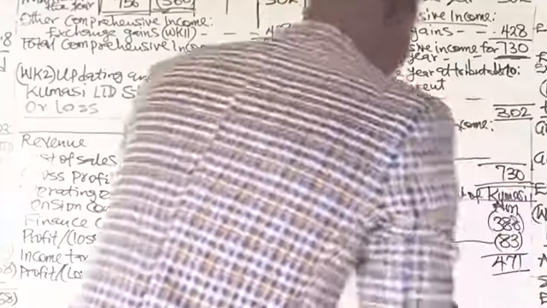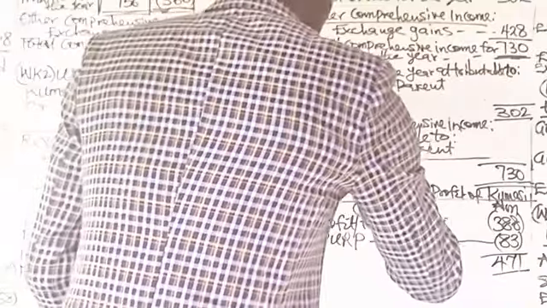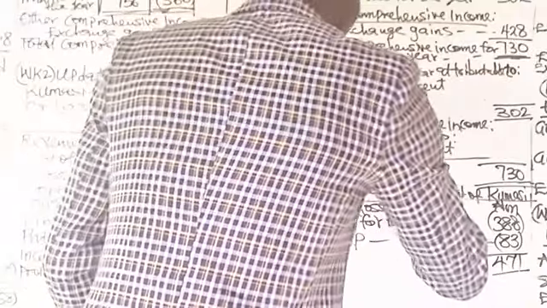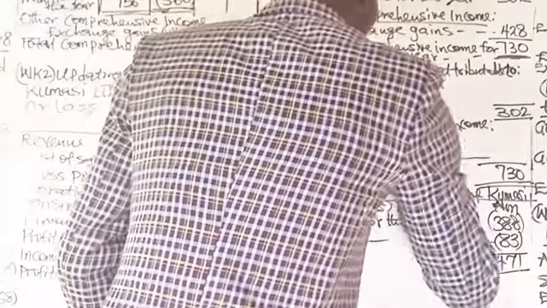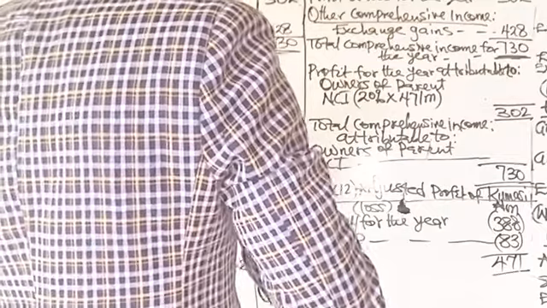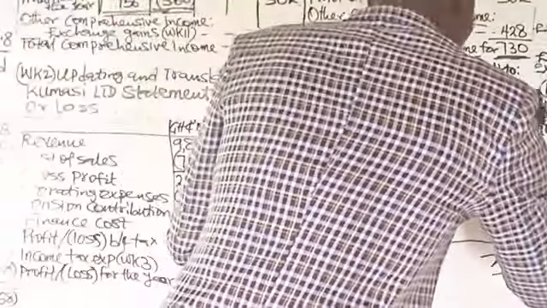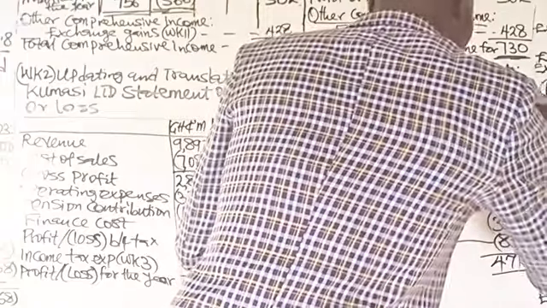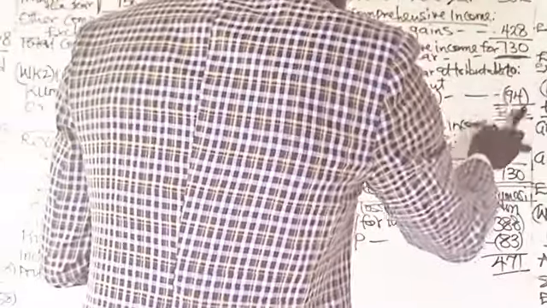So of this 471 million, 20% of that will be attributable to NCI. 20% of 471 million, so NCI share of that will be 94 million, negative. Then the one attributable to the owners of the parent, since this is a loss, you add it.